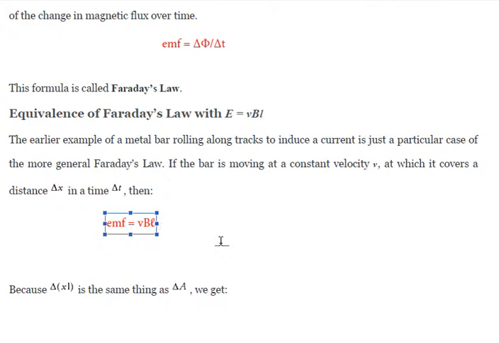And if it covers this distance in this amount of time, then we can replace V like this. So delta x over delta t, that's like the very first equation that you learn in physics, V equals delta x over delta t. So EMF equals delta x over delta t times BL.